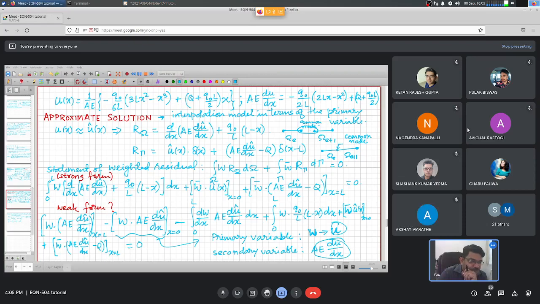Sir, if we had our u hat of x as a0 plus a1 x squared, then how would we have written this in terms of ui? That's not allowed. You have to have a complete polynomial, so you have to have all the terms.